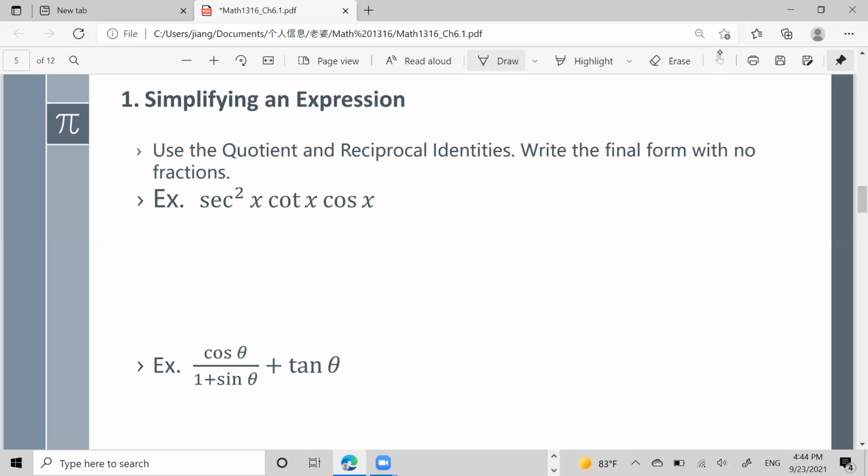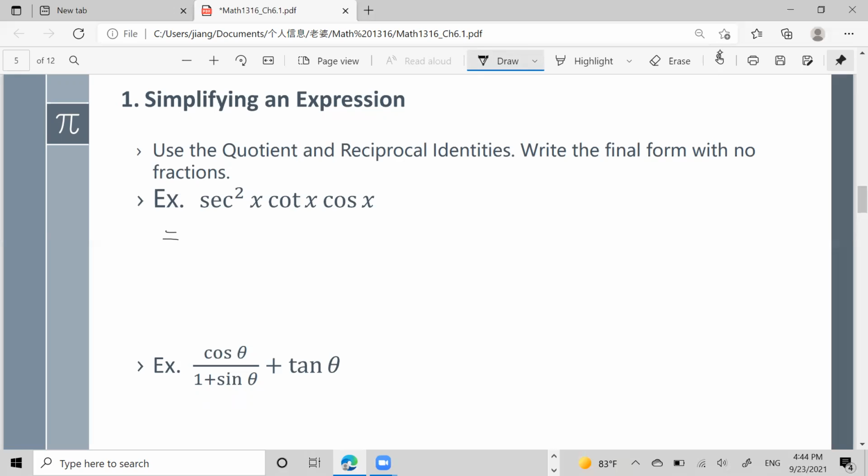So let's see the first one: secant x squared times cotangent x, cosine x. Convert all of these into cosine and sine.